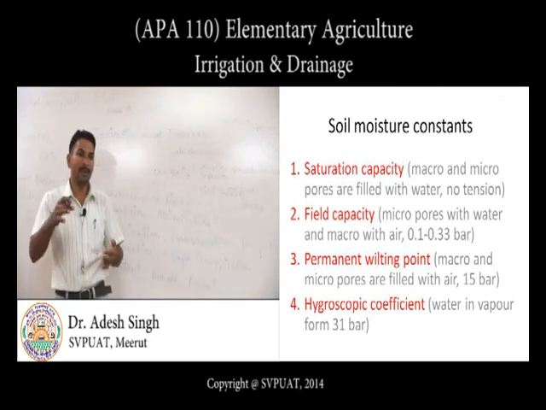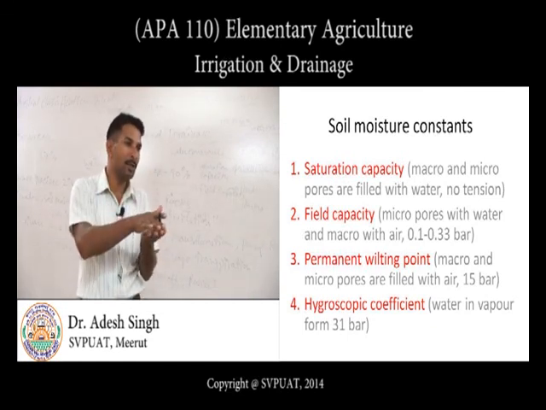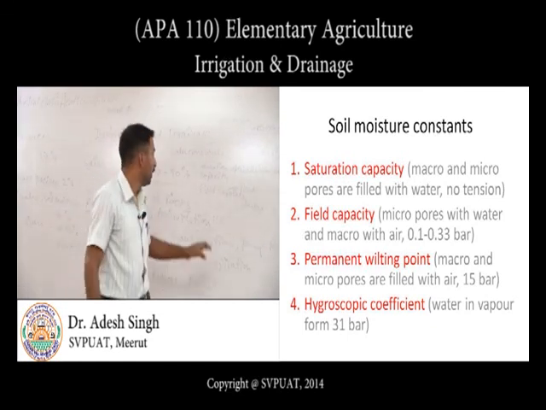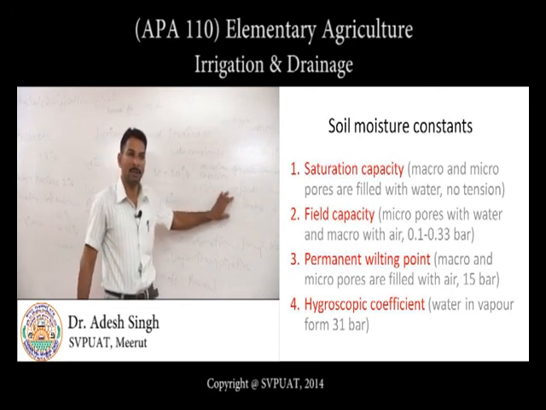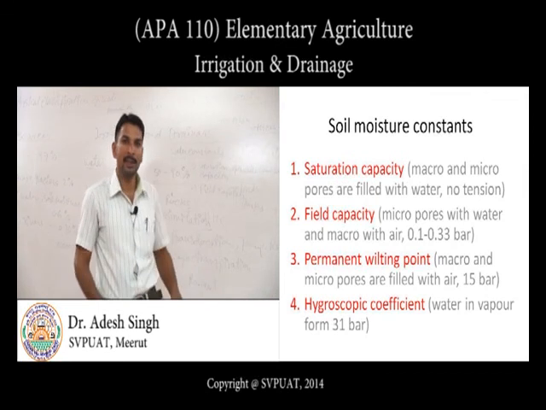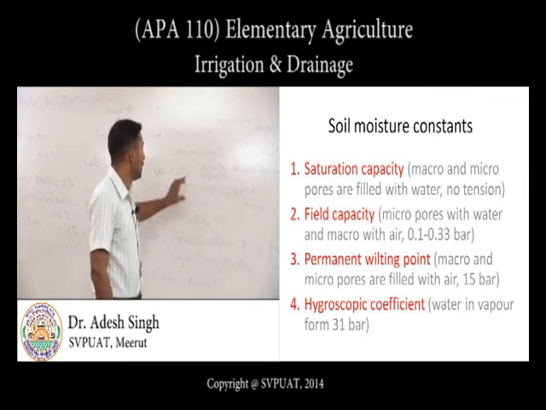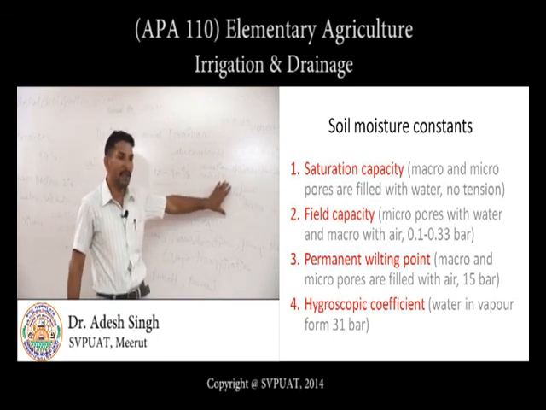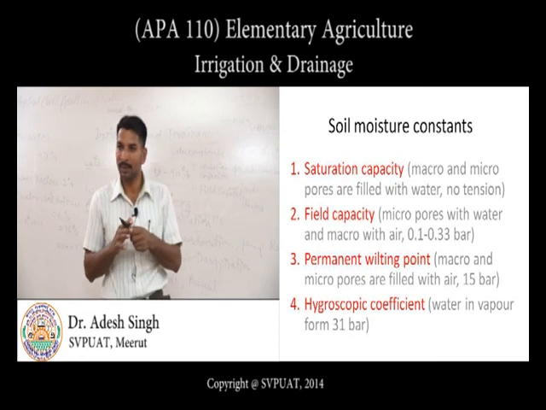When the crop grows, water recedes, means the water level goes down in the soil itself, and another point comes which is known as the permanent wilting point. Permanent wilting point is the lower limit of the available water, because the plant can take water only in this range, between field capacity and the permanent wilting point.